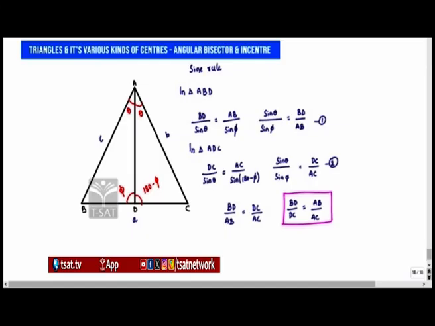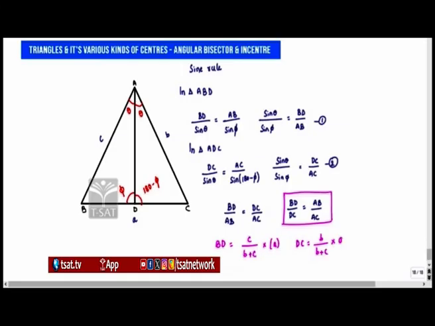So it divides BC in the ratio of c is to b. I would say BD is c out of b plus c into side a. If you want DC, it is b out of b plus c into side a.